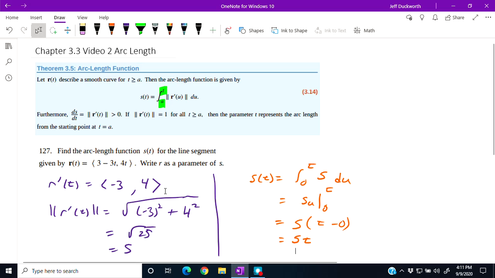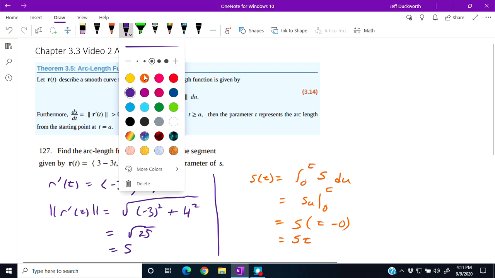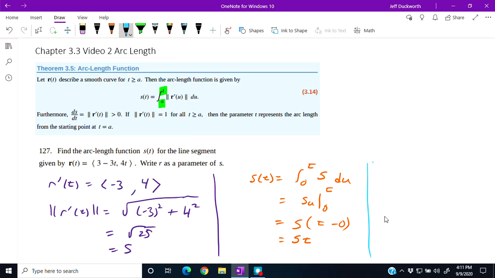Now, note that we have this function s is going to equal this 5t, which means t equals the arc length over 5.